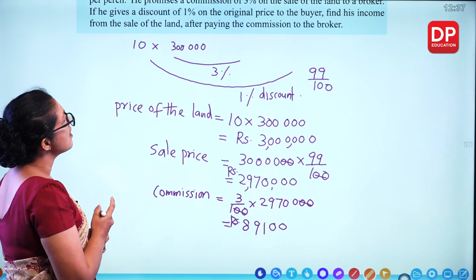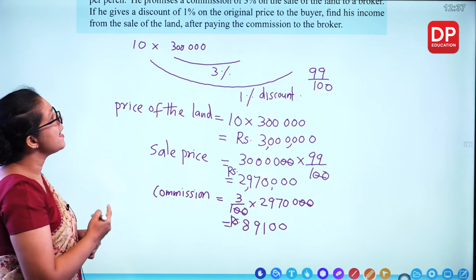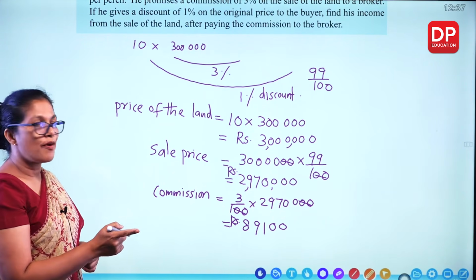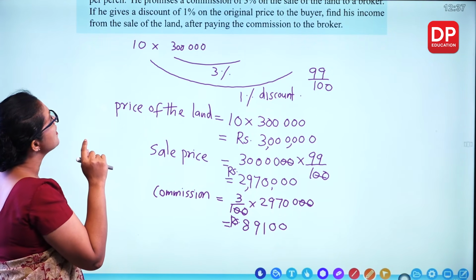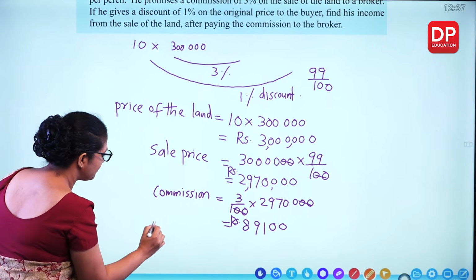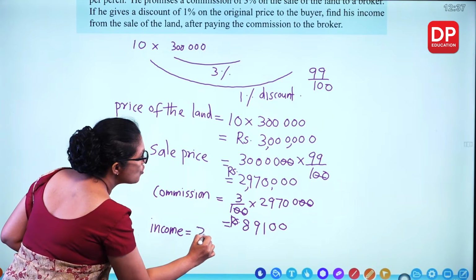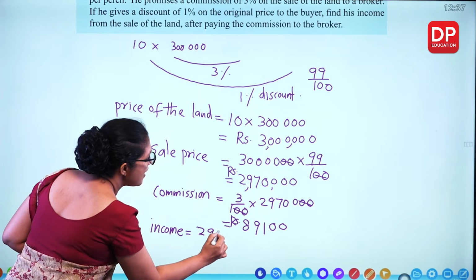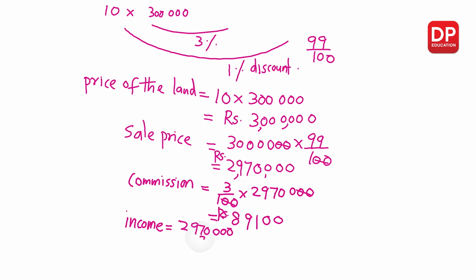So the question asks, find his income from the sale of the land after paying the commission. So you have to subtract this amount from the sale price. So what's the income? 2,970,000 minus 89,100 rupees.